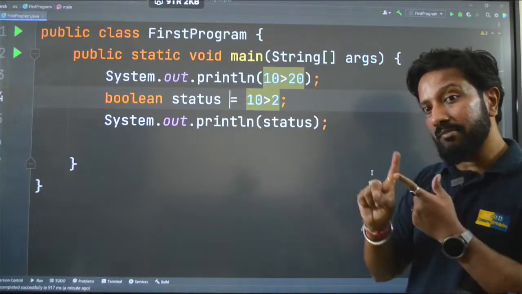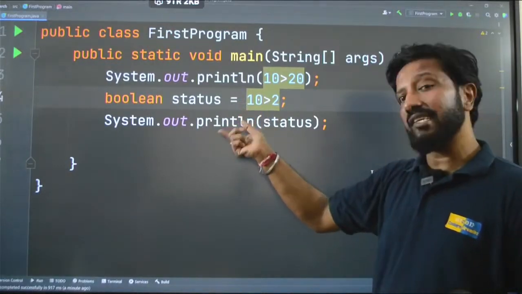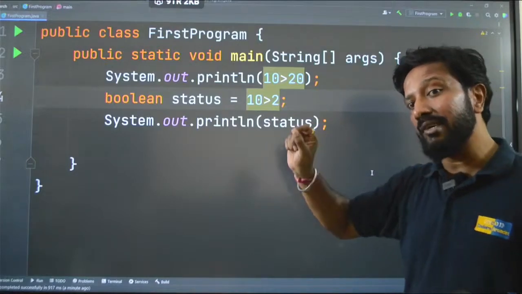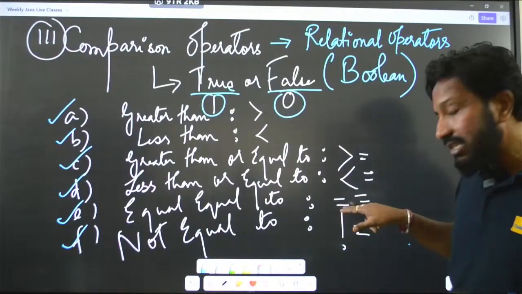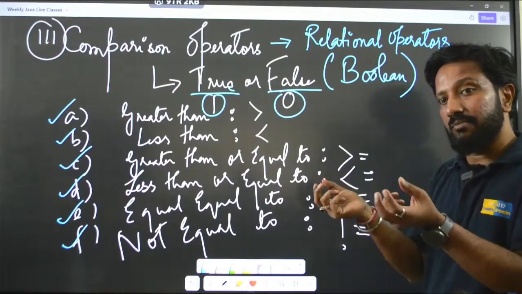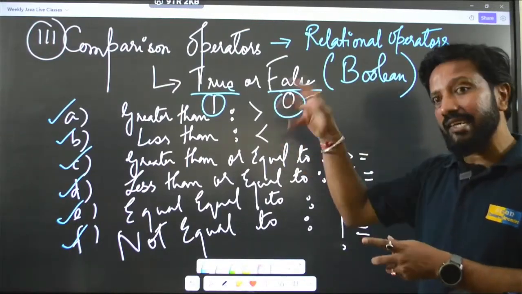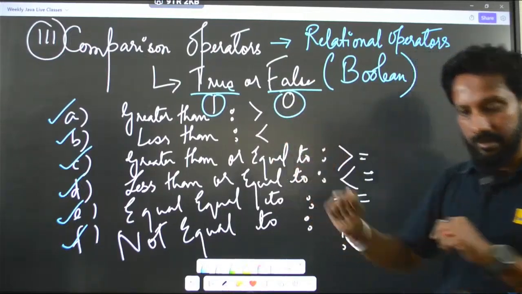Just remember guys, some people get confused with this. The single equal to is an assignment operator, and the double equal to that I have shown you here is actually a comparison operator. It is comparing two values, but the equal sign is only assigning some value into a variable. Please remember it like that.